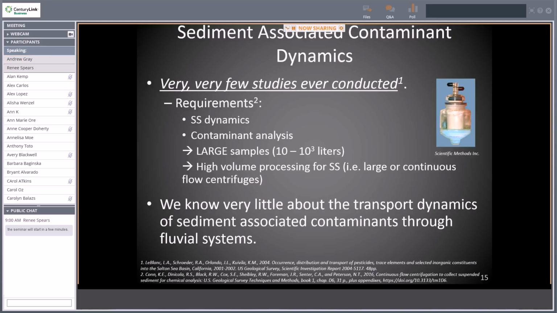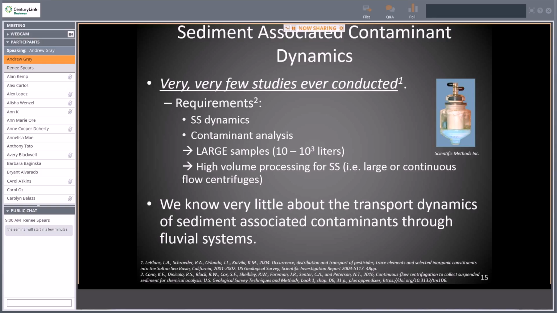load as well. Now, the sediment-associated contaminants are pretty difficult to go after. As I mentioned before, very, very few studies have ever been conducted where the suspended load is actually being characterized for its contaminant load or for its composition.